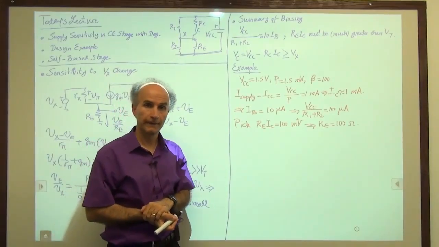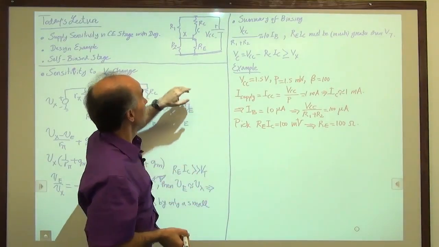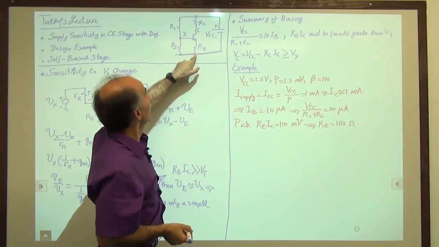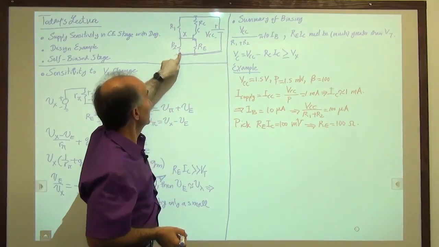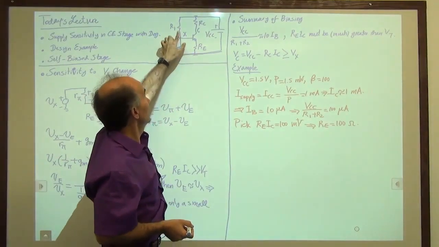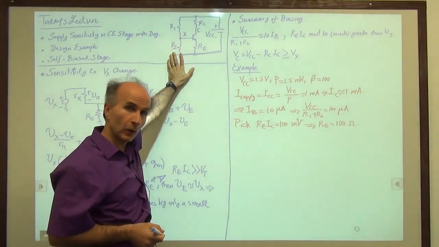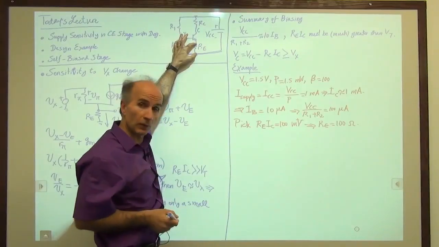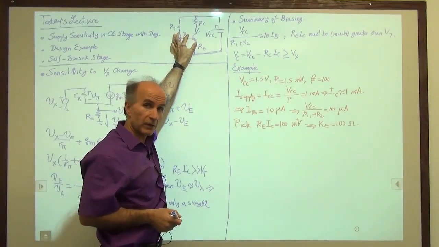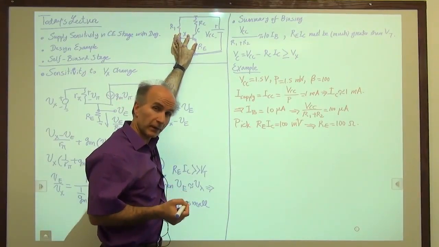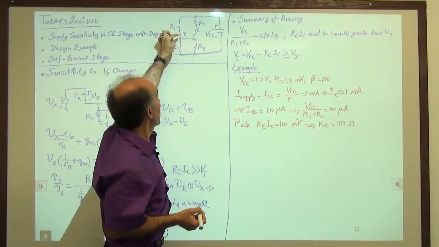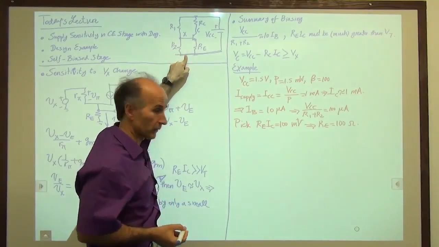So far so good. We have this drop, we have the current through these resistors, and we still need to find R1 and R2. Okay, well, if this voltage is 100 millivolts, and this voltage is about 800 millivolts, approximately, right? Then Vx with respect to ground is 0.9 volts.